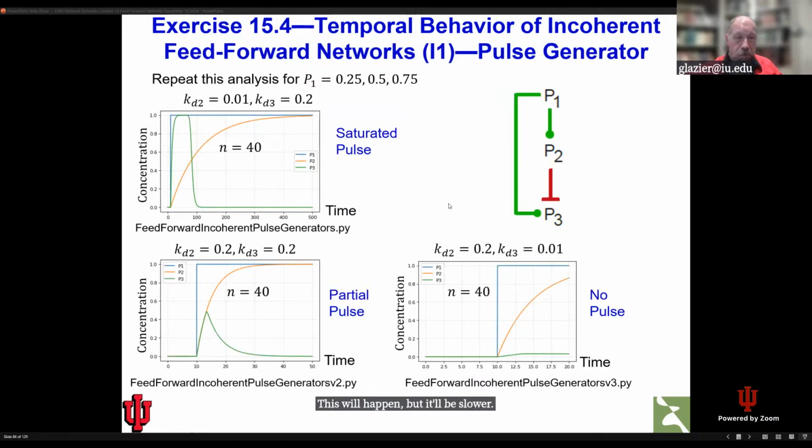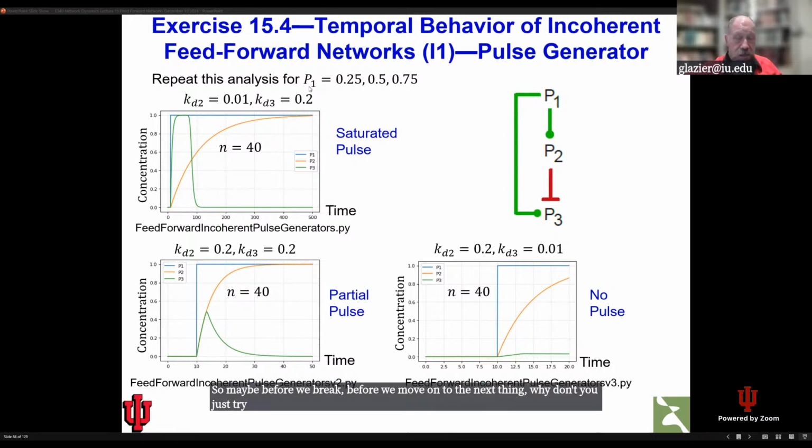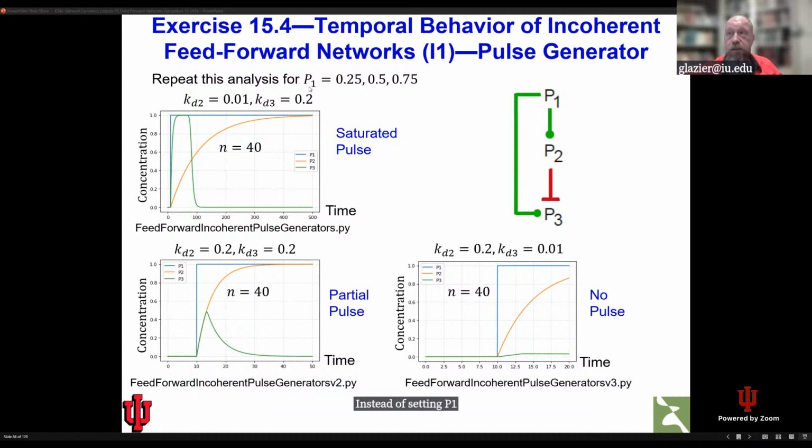So maybe before we move on to the next thing, why don't you just try, instead of setting P1 up to 1, try running P1 equals 0.25 and then run it again for 0.5 and 0.75 and see what happens. If you make it 0.75, what you'll see is the pulse lasts longer.